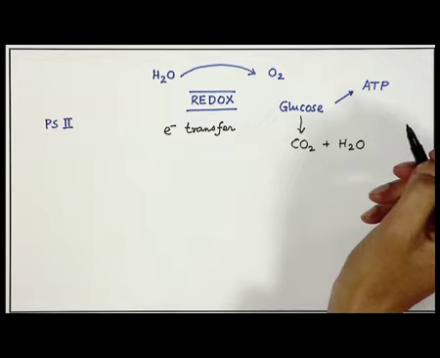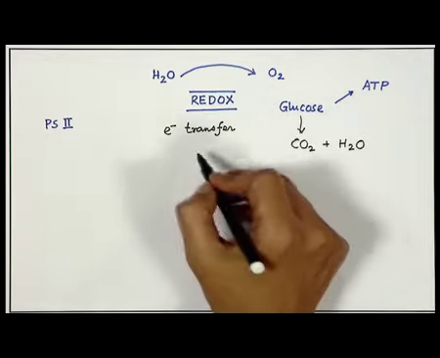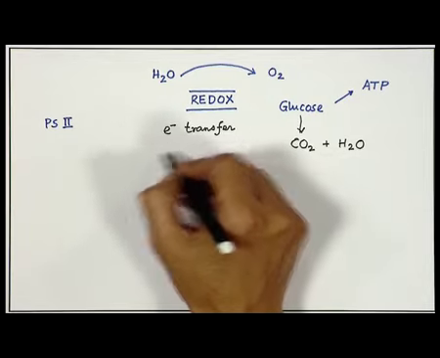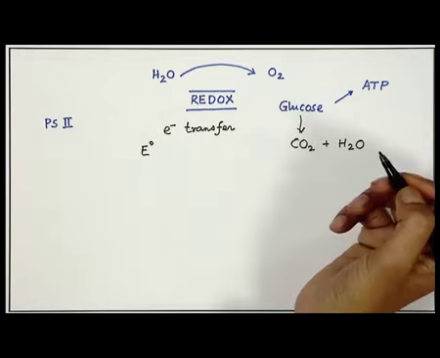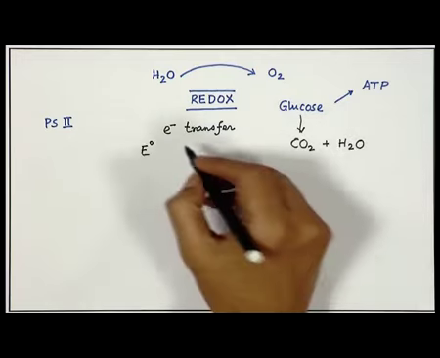So, these electron transfer reactions are so important, and we should always know how this electron transfer is taking place. And related to that electron transfer reaction, we all know, starting from the electrode reactions, the electrode potential or the redox potential.